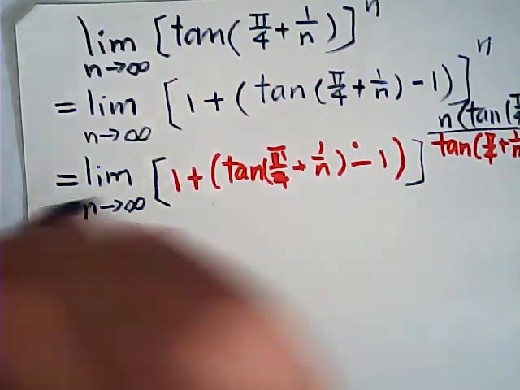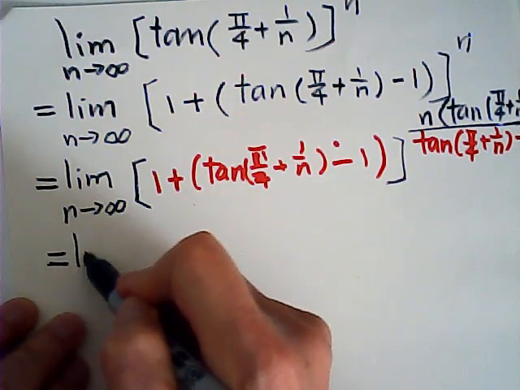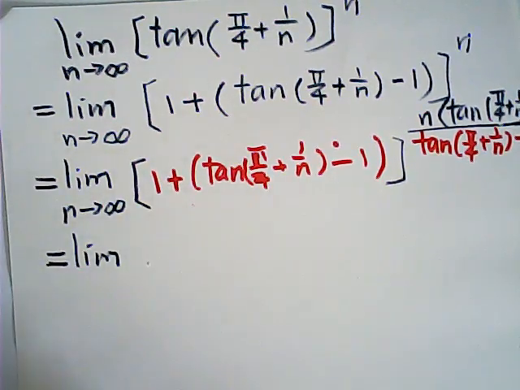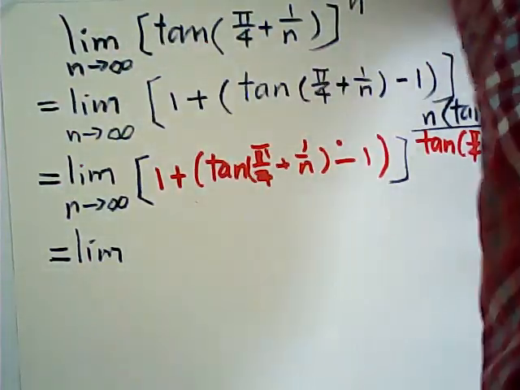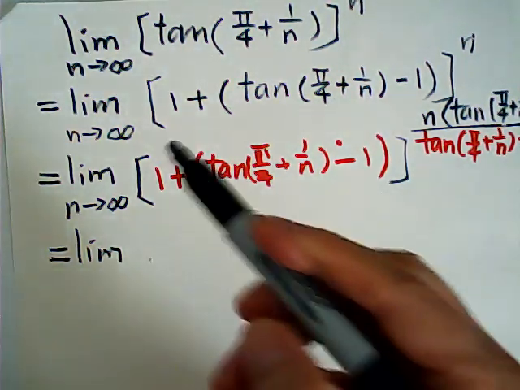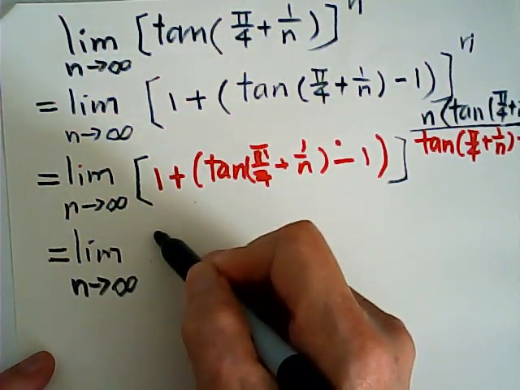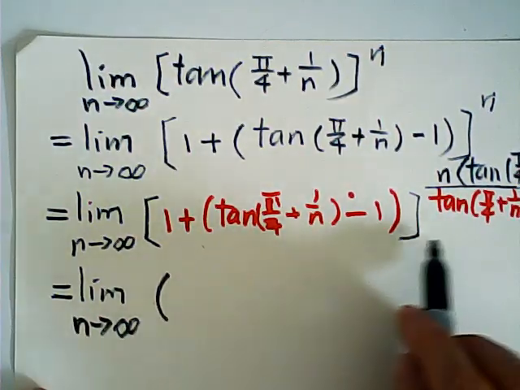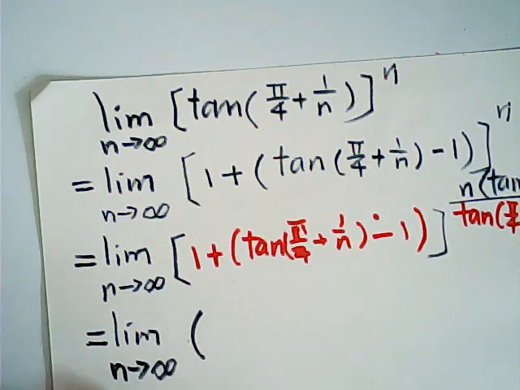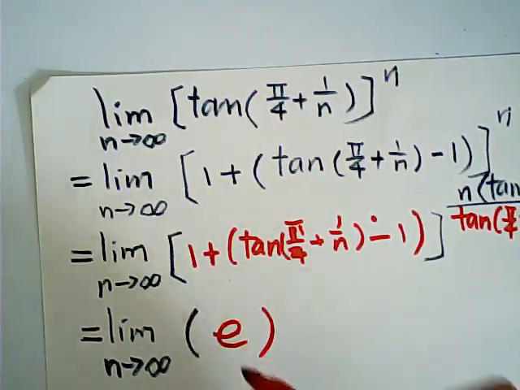So eventually this becomes the limit as n goes to infinity. This is e, the red one is e, right?